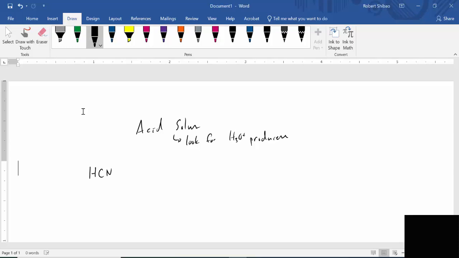In an HCN solution, there are two hydronium ion producers. What are they? Well, one is the acid, and the other is water.